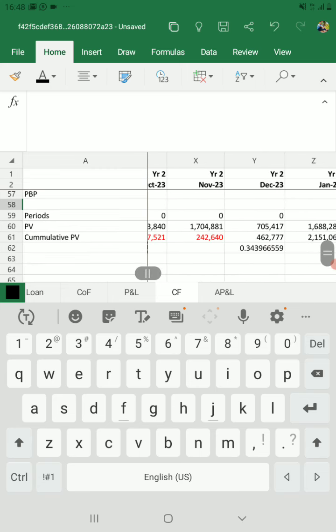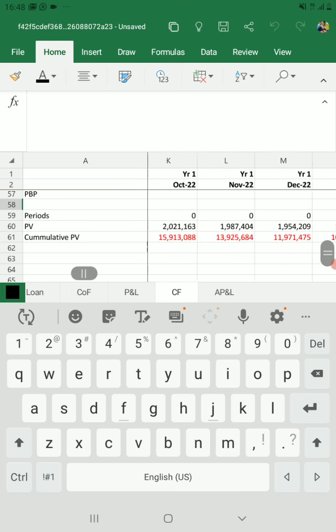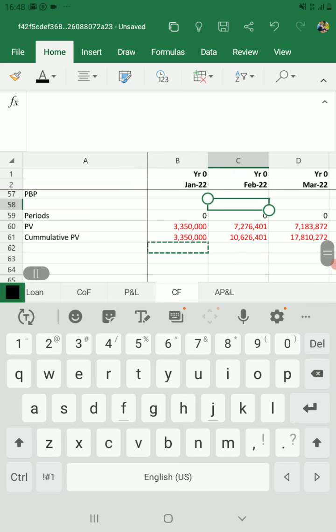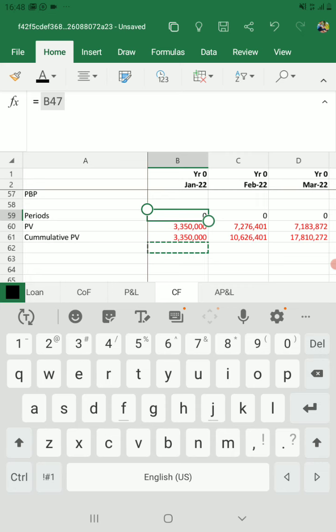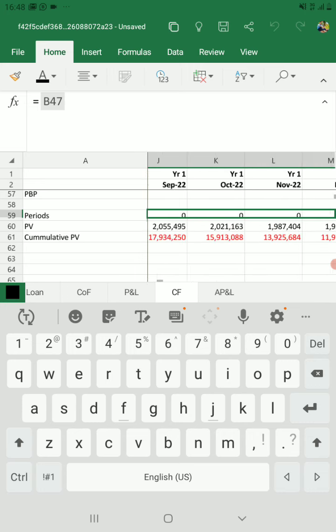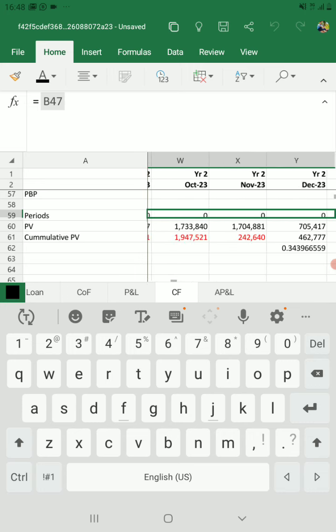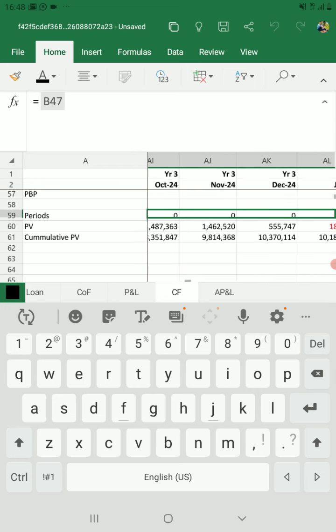After that, let me see now. Let me first drag this, fill this for periods, up to the end of our projection periods.